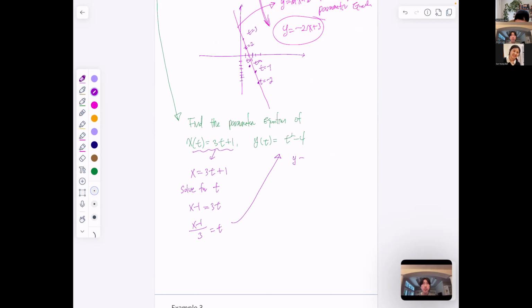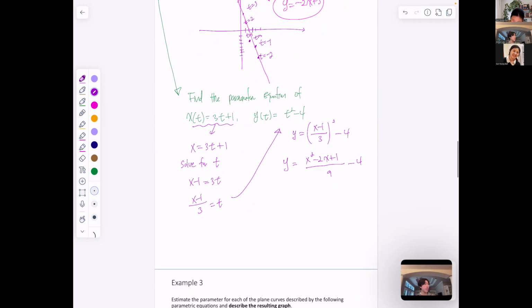So y will be x minus 1 over 3, squared, minus 4. So you're going to expand everything, please. X squared minus 2x plus 1 over 9 minus 4. And then if you write it beautifully, this is going to be 1 over 9, same as x minus 1 squared minus 4.